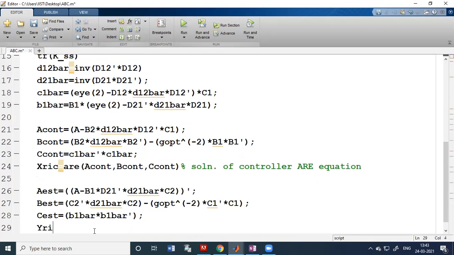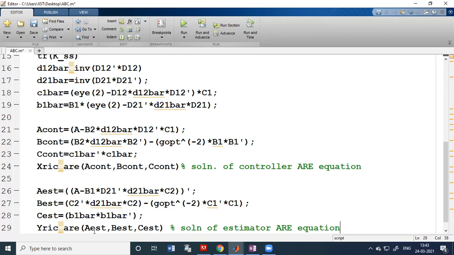So y will be equal to ARE of A estimator, comma B estimator, comma C estimator. Right? So this will give the solution of the estimator ARE. Okay.